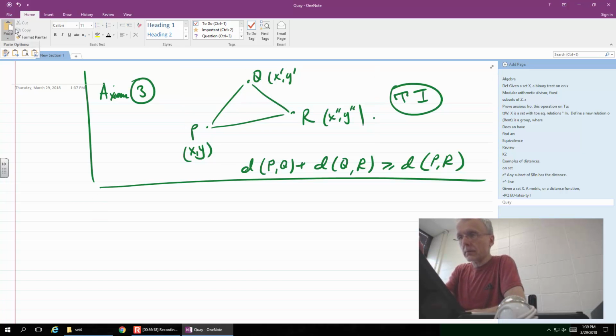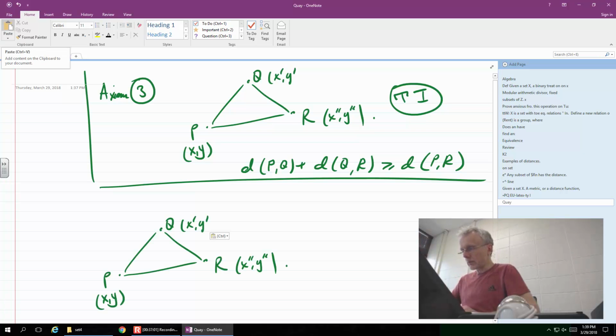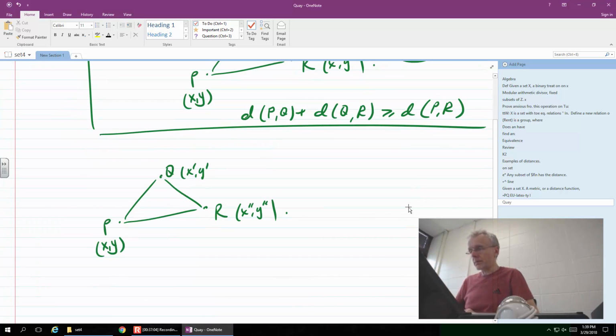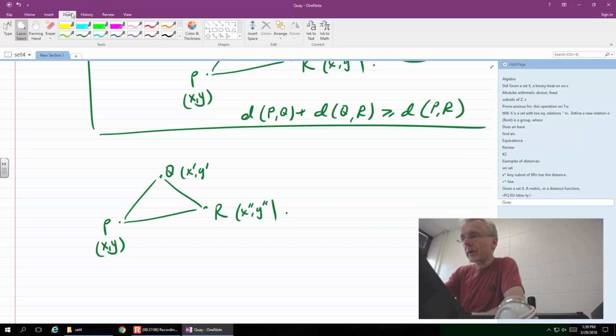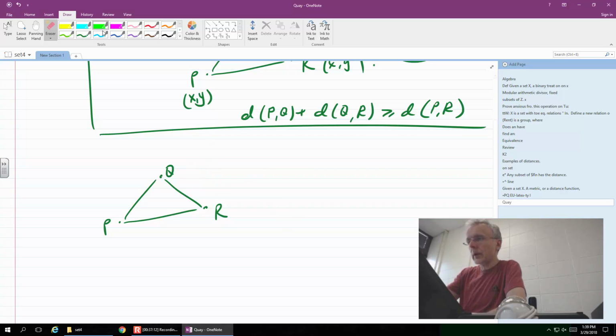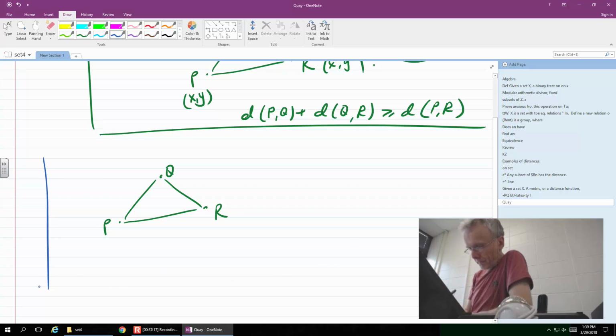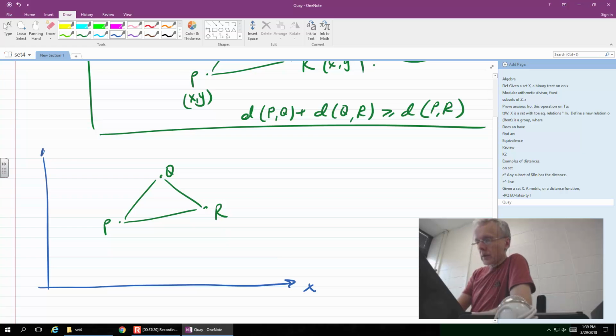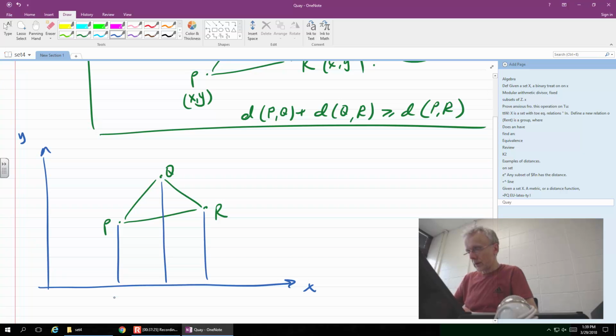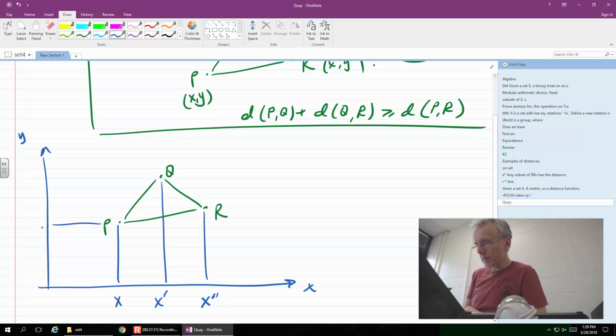Okay, so let's add the axes. I'm adding axes like this, X and Y. As I have done before, here x, x prime, x double prime, and here y, y prime, y double prime.